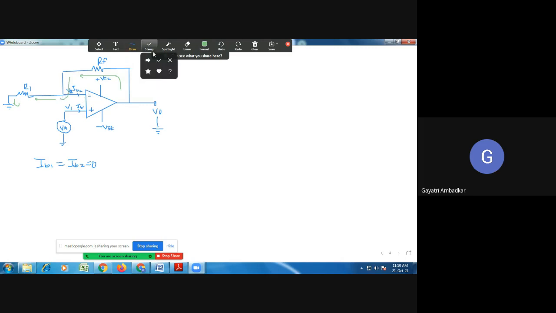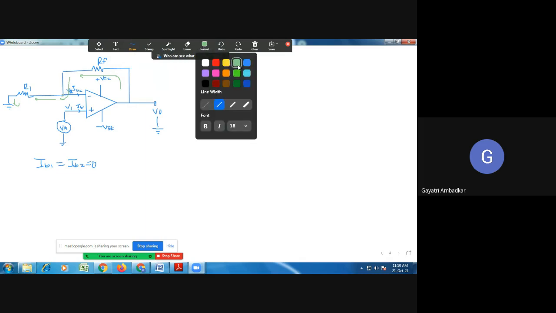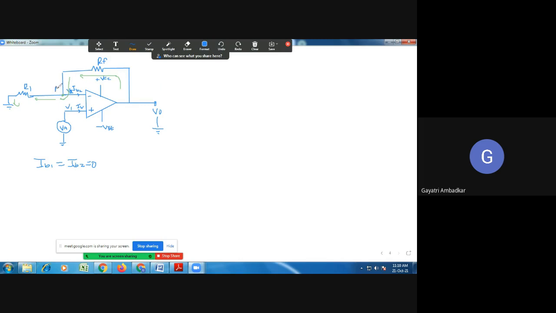Okay. Now let us apply Kirchhoff's current law at this node A. Call this node as node A. And call this node as node B. So let's call this current as I1. Current which is flowing through R1 is I1. Current which is flowing through RF is IF. Okay.